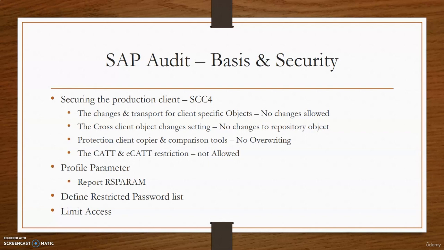How can we get that particular report? We can use the report RSPARAM to get the details of what parameters have been set. There are a number of parameters which begin with login/. Each of these parameters controls a specific security setting, many of which are of interest to an auditor.